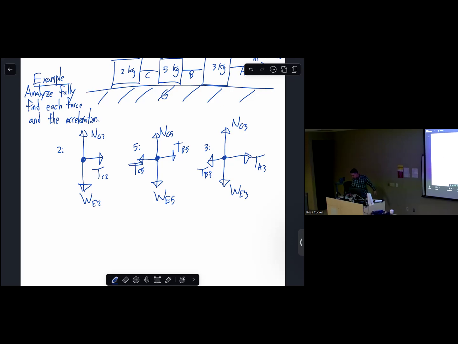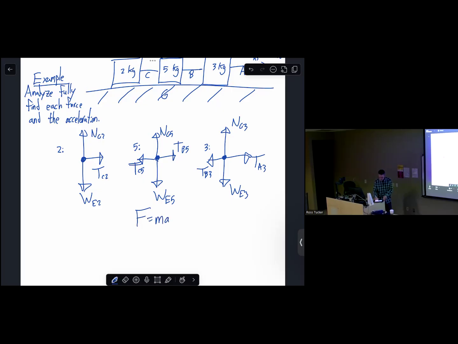And then the last big thing I saw is that a large number of people told me the net force equals TB5 minus TC5. That's what net force is, but I didn't ask you to give me an algebraic expression for net force. I asked you to apply Newton's second law. Again, Newton's second law is the equation one.